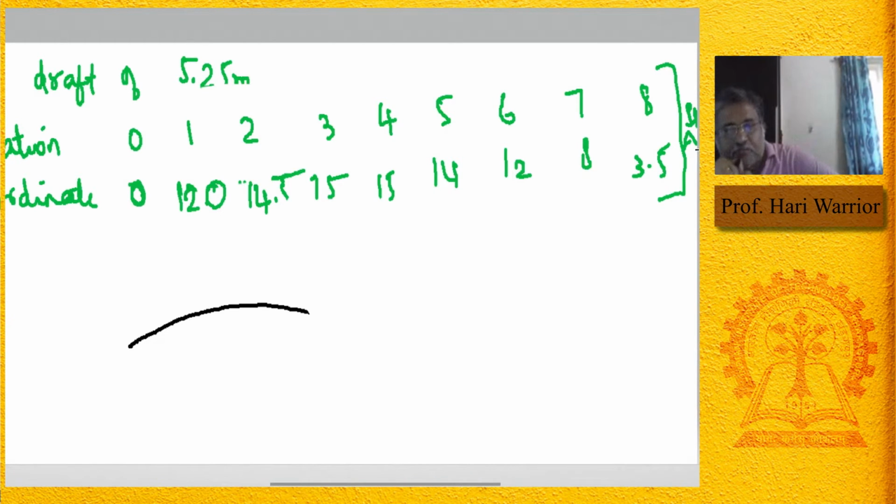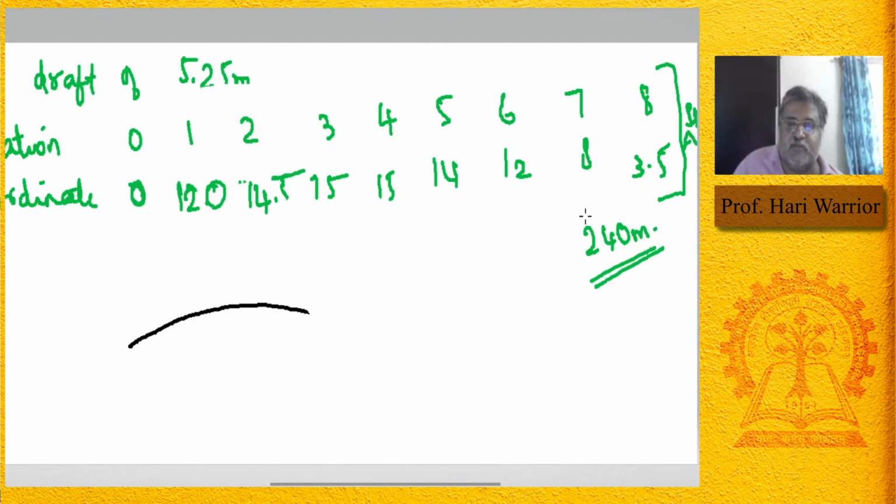So you are told that there are 9 stations and 8 intervals, 9 stations from 0 to 8 and 8 intervals. And you are told that the length of the vessel is 240 meters. So obviously 8 intervals means each interval will be 30 meters.